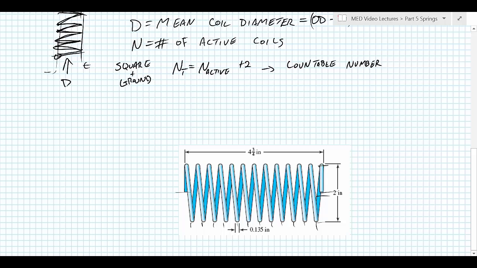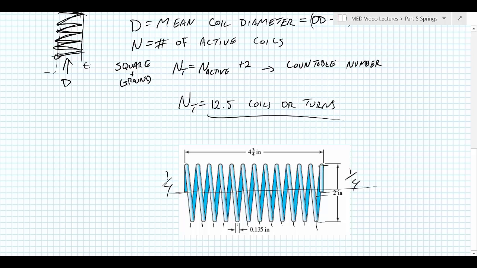So this is a quarter of a turn, like this, and as you can see, it is square, and we are going to assume ground and that it's finished here. So this would be 12 and a quarter, excuse me, so the NT of this example here would be 12.5 coils, or also called turns.